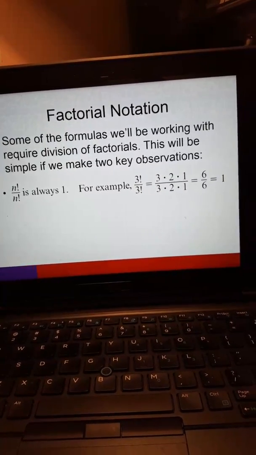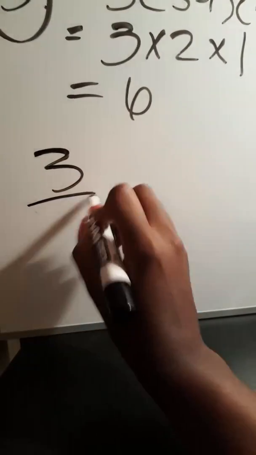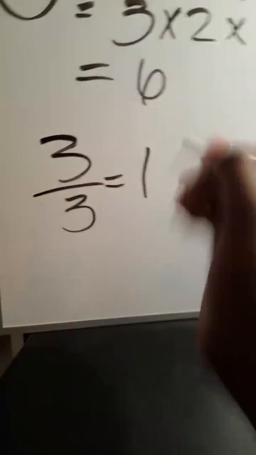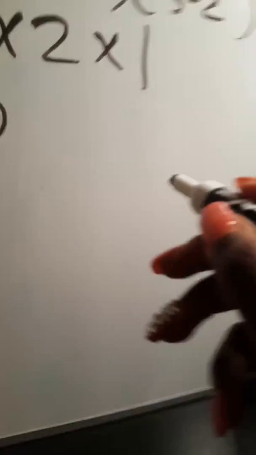Now make sure that you remember, but just make an observation of this, if nothing else. If we did 3 over 3, we know that's 1 because the numbers are 3 and 3 and they cancel out.